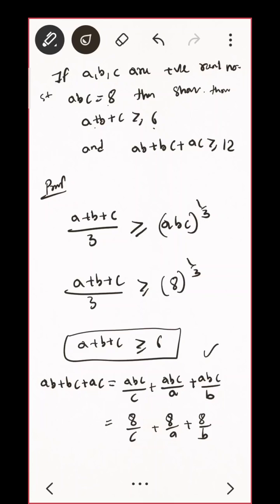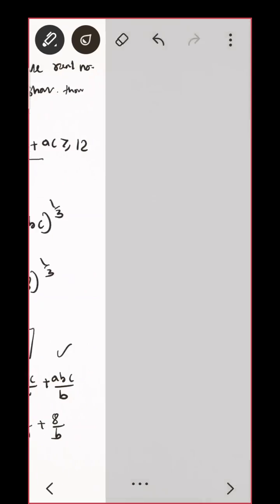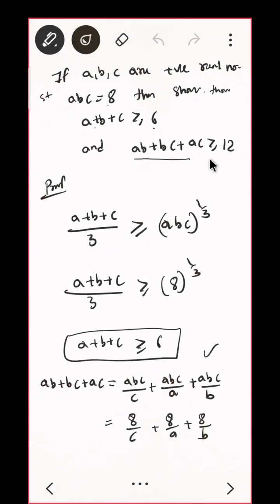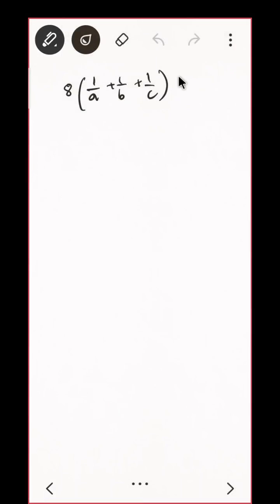Nice. Means at this place you are having this. Do you agree? That means what you have to show now is 8 into 1 upon A plus 1 upon B plus 1 upon C is greater than or equal to 12. This is what you have to prove.